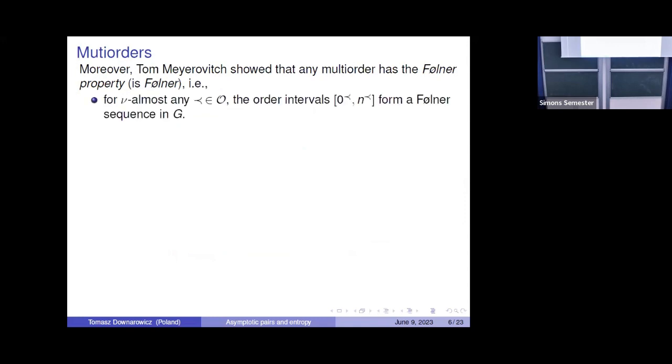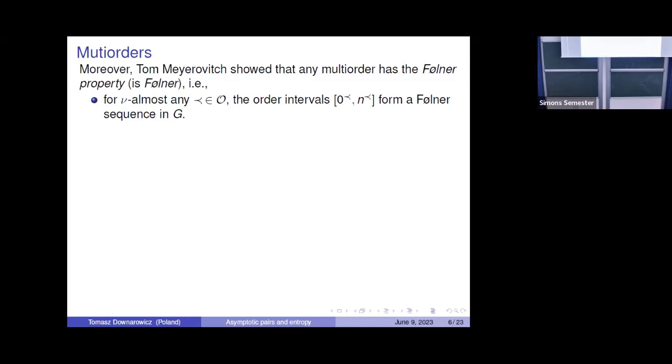For almost any pretz in this multi-order, the order intervals, this is my notation for the zero element. So 0 is always 0, the unit of the group. I start counting from 0, and then n pretz is the nth follower or nth successor of the unit in our order pretz.